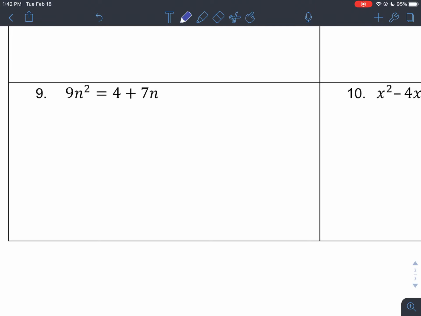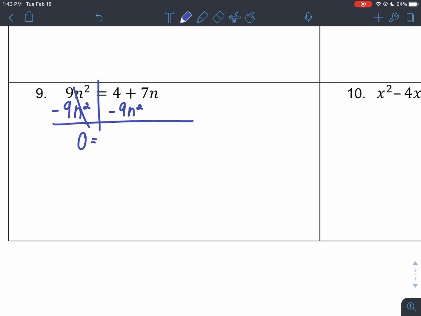Number 9, on this one, in order to plug it into y equals, remember we need everything onto one side. Here it doesn't matter what you move, whether it's the 9n squared or the 4 and the plus 7n. But here I'm just going to move one thing. Instead of positive 9n squared, I'm going to subtract a 9n squared from each side.